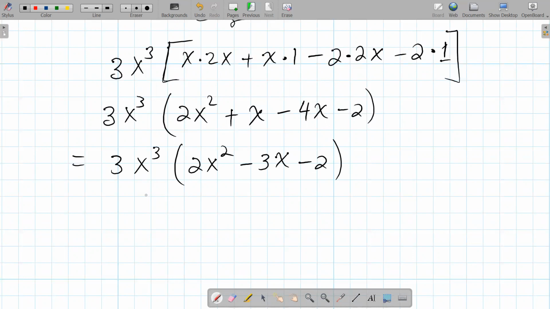And now I'm going to distribute. I'm going to distribute through here. That's here, that there, and that there.